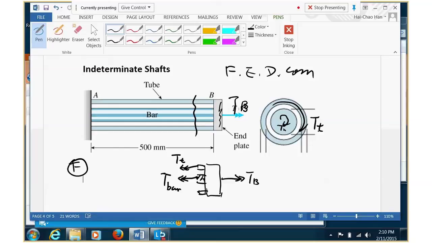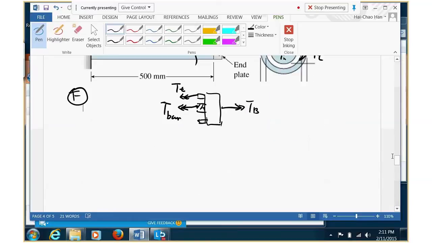Okay, so that's the free body diagram, and I'll say it's complete. I labeled all the loads and all the reactions. Next will be the equation of equilibrium. For this free body diagram, how can you write the equation of equilibrium? All the moments added together equal 0. You have one independent equation because everything is in one direction.